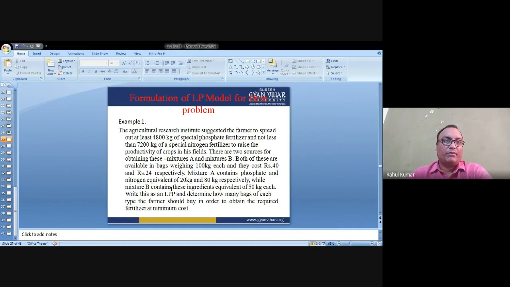This is one more problem, so note this problem down also. Formulation of a linear programming model for a farm problem. This is one example related to the agriculture field.